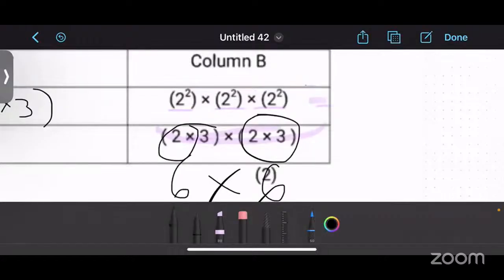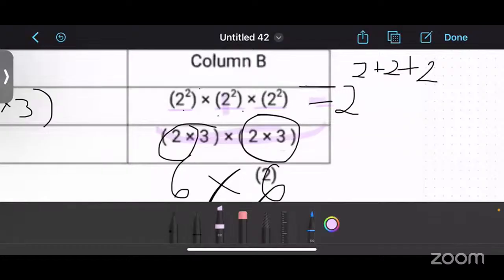So if we wanted to simplify this, we would say, okay, 2 to the power of 2 multiplied by 2 to the power of 2 multiplied by 2 to the power of 2 is the same as 2 to the power of 2 plus 2 plus 2, because we said when we are multiplying the same base, we're going to add the exponents, which are these twos that you're seeing over here.